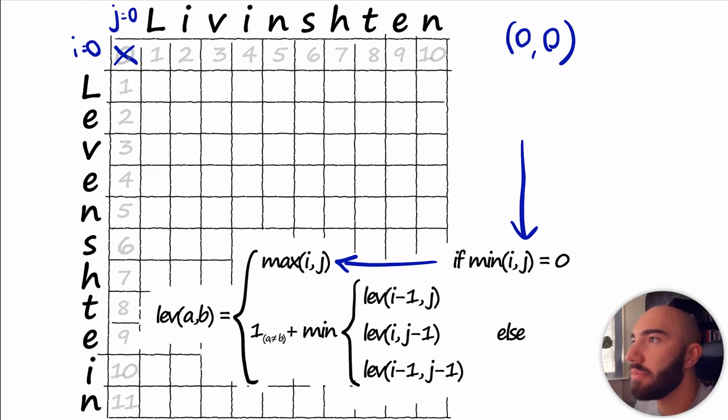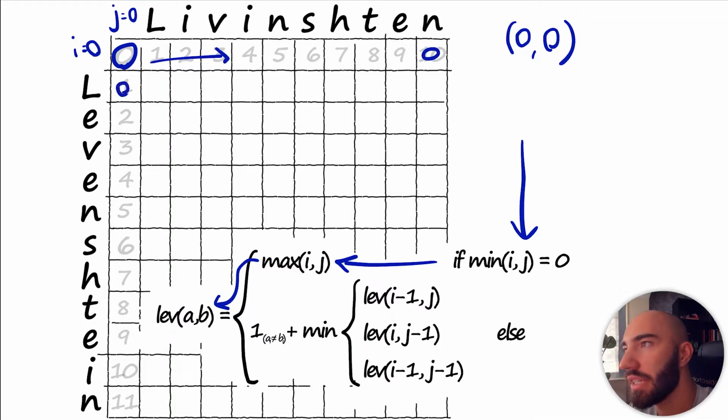So that means we remove this x here. And that means that this value, so we pass that back here, the Levenshtein distance for this first item here is 0. So that's what we do. Now, at this point, we move on to the next value. So we go this way. And then once we get to the end here, we move on to the next row and keep going that way.